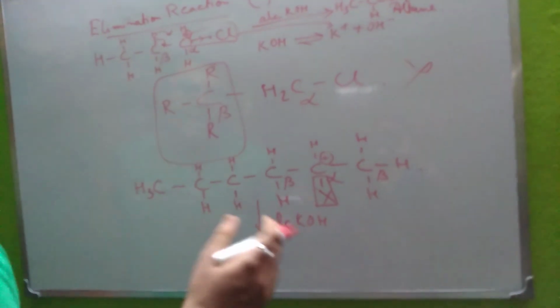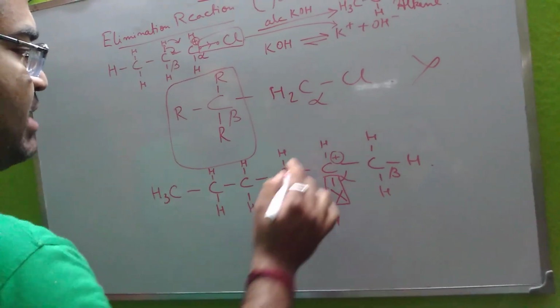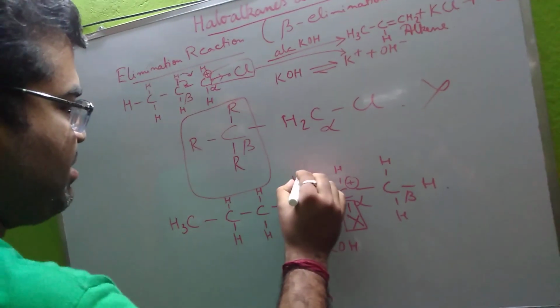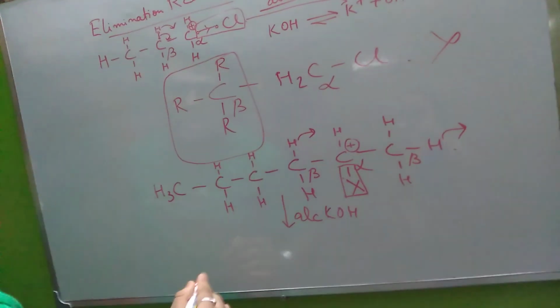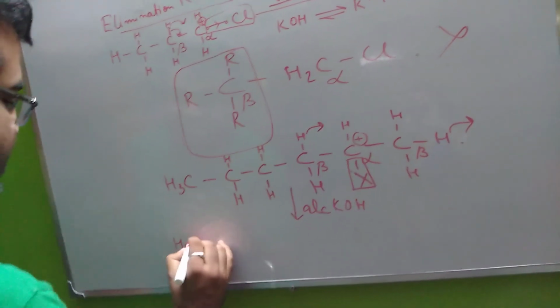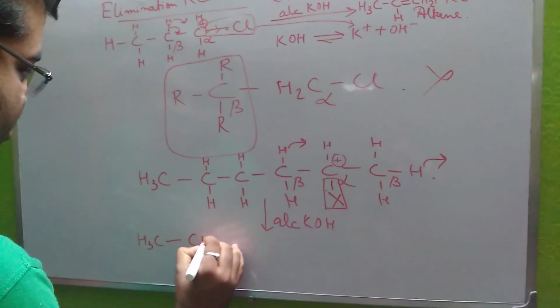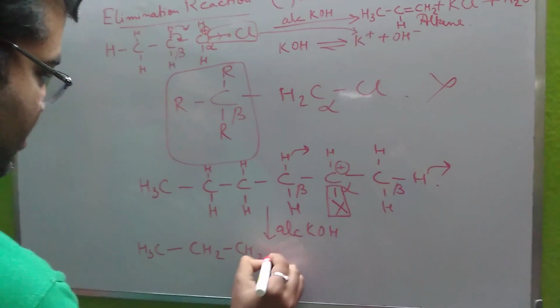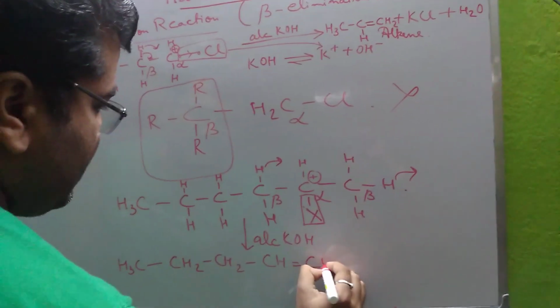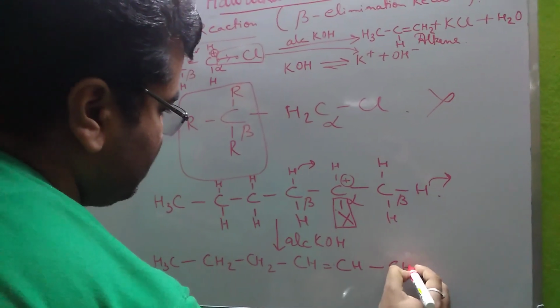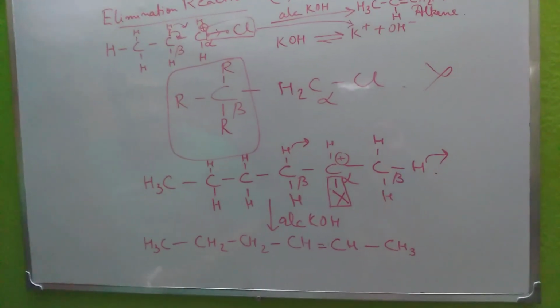So according to the beta elimination rule, a hydrogen can be removed from here also, and from here also. So we will get two compounds: CH3, CH2, CH2, CH, double bond, CH, single bond, CH3. This is one.